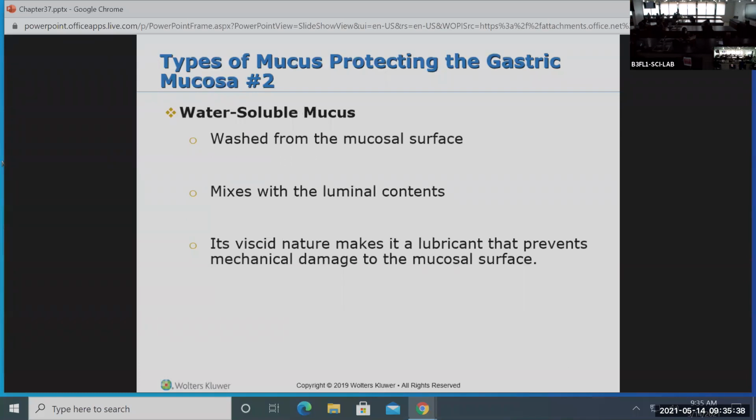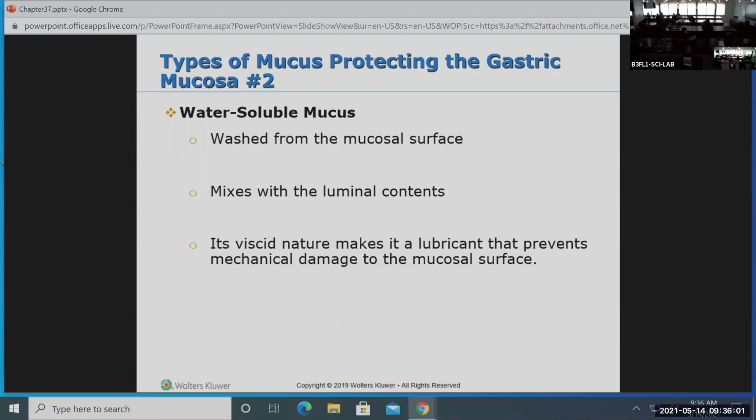Now, water-soluble mucus washes from the mucosal surface and mixes with the luminal content. That's how, even though water soluble, they do have a protective function. They wash from the mucosal surface, please remember, and mix with the luminal content.